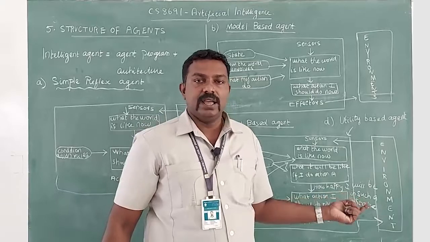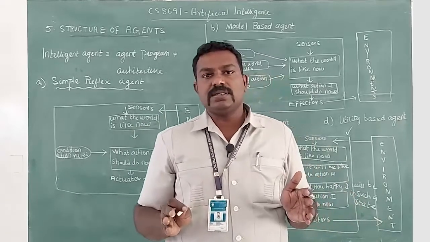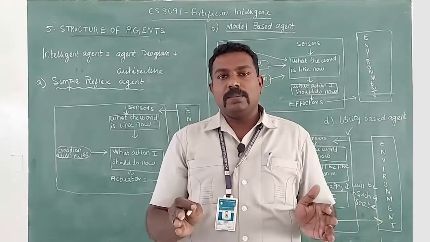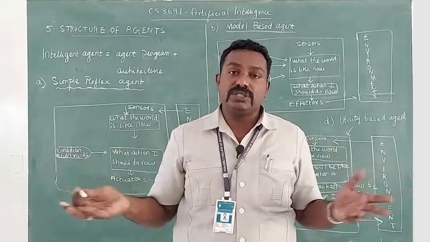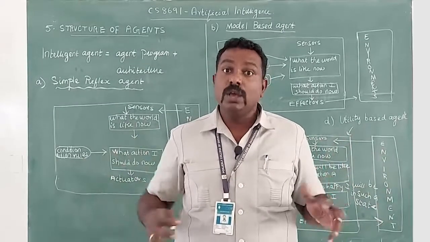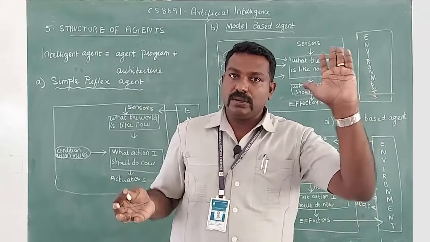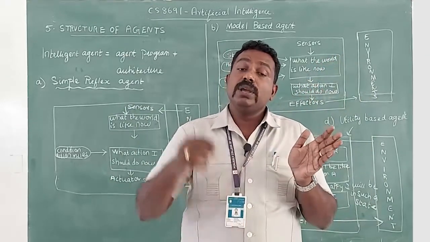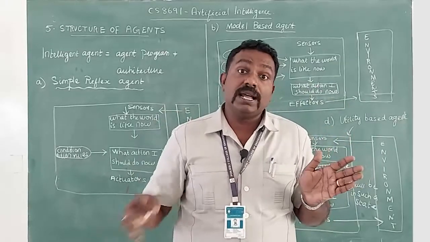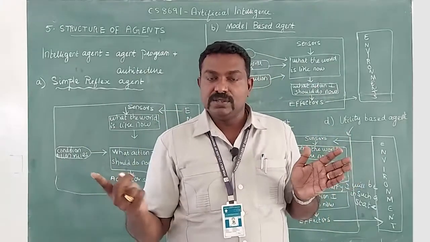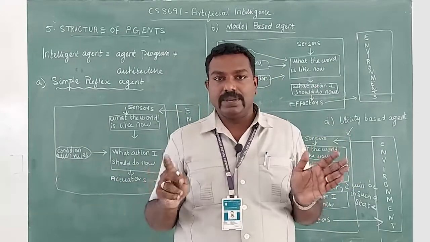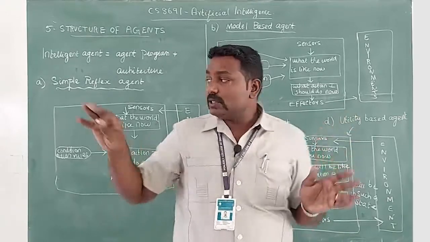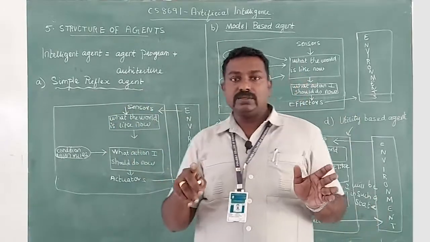Actually, utility based agent means for a particular problem, you will have 5 or 6 solutions. You have more number of solutions, remedies in your hand. Among these solutions, you can choose any one solution that gives you better performance. So that you call it a utility based agent. In all the previous agents, there will be only one solution.